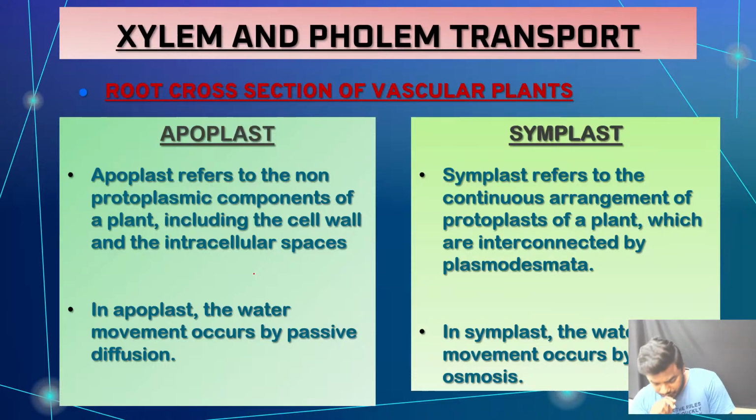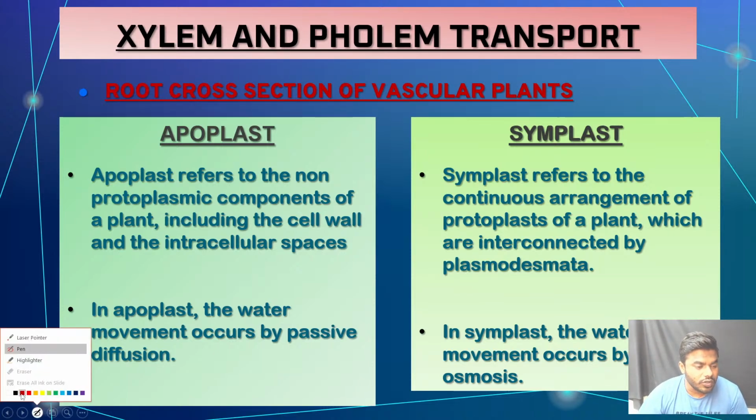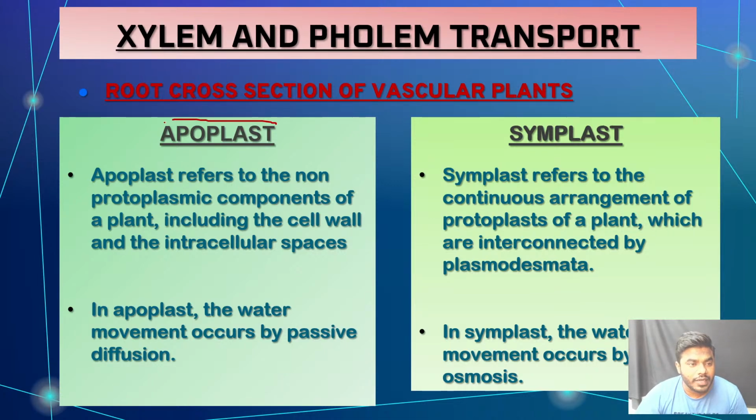the apoplast and symplastic pathway. So I hope every student remembers. I told you very clearly, the moment you hear the name apoplast, what is the common statement that I want you to remember, friends? Apoplastic pathway means it is always via intercellular space, right?